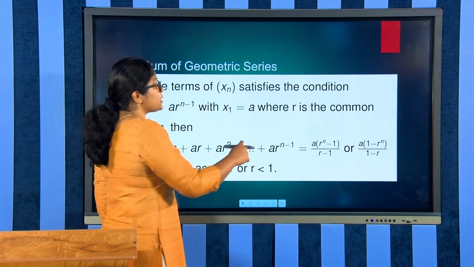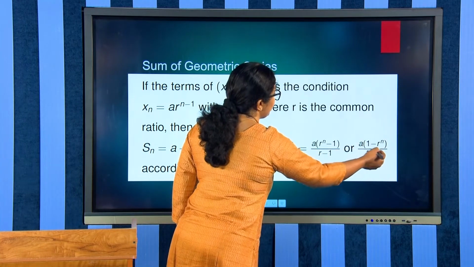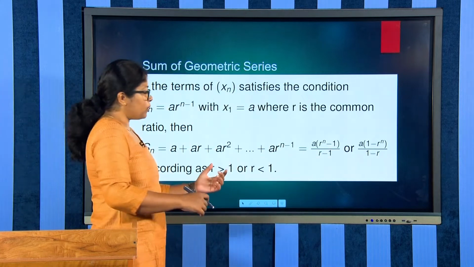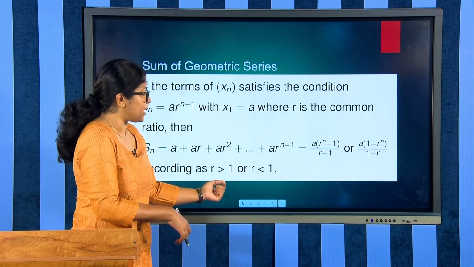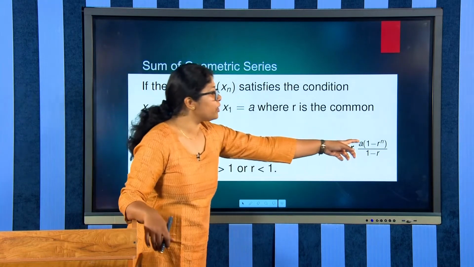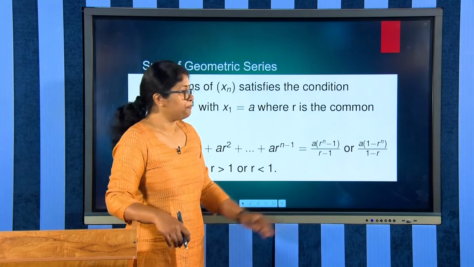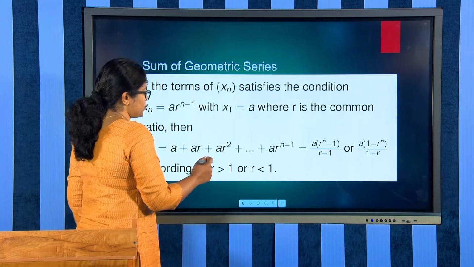Generally in some textbooks we see only this value, a into (1 minus r to the power n) by (1 minus r). It applies accordingly as the ratio is greater than 1 or less than 1. Even if you take this single expression, you will get both from that. But in some textbooks it is given separately also.